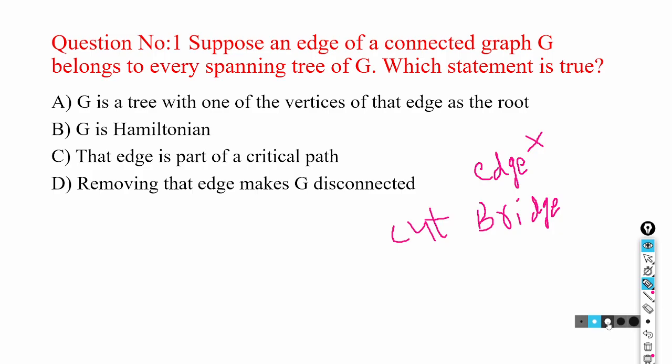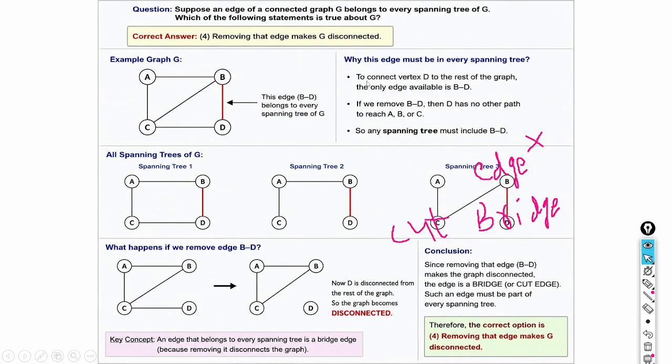So let me explain with a small example. Here is one graph. How many vertices are there? A, B, C and D. If we remove the B to D connection, D becomes isolated.